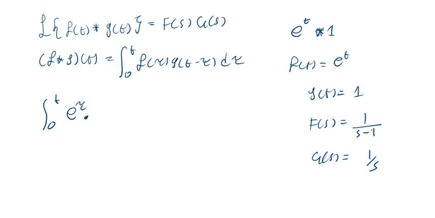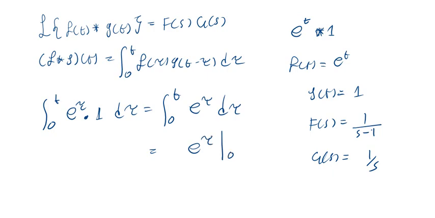So I just put 1 d tau like this. So this would be the integral from 0 to t of e to the tau d tau. Then what's the integral of e to whatever the power is here? Yes, we are supposed to divide by the derivative of the same power, which is 1. So that would just be e to the tau. Then we evaluate from 0 to t.